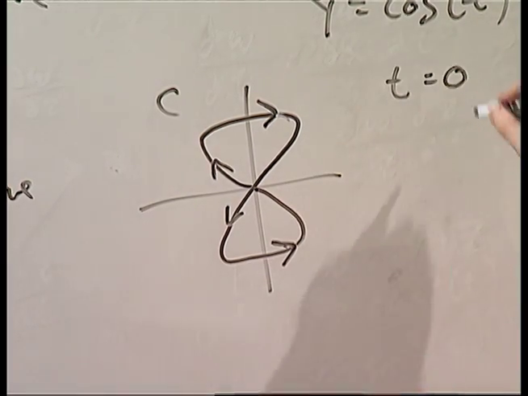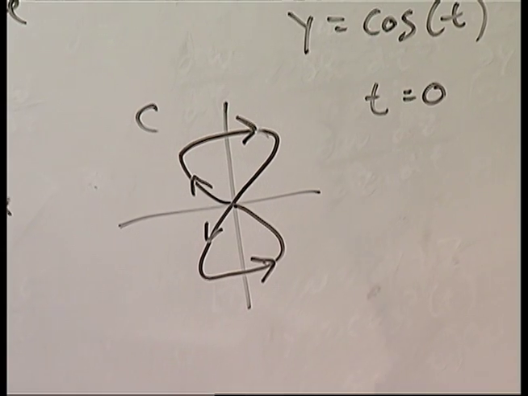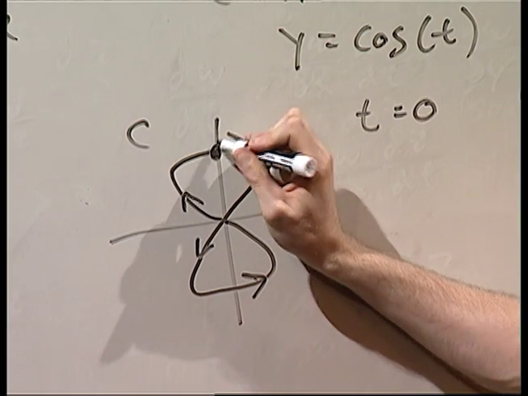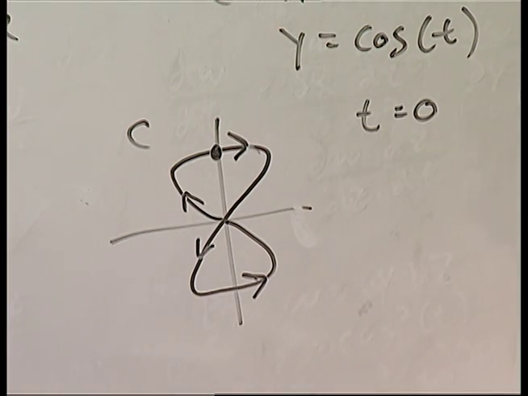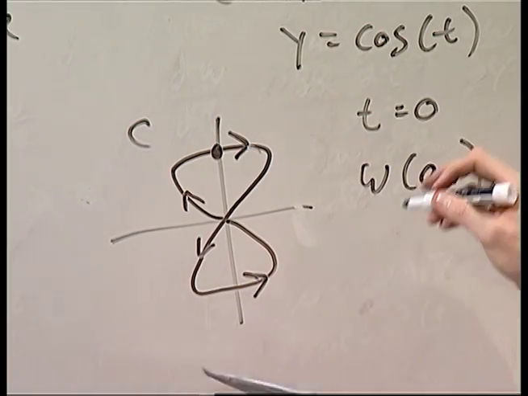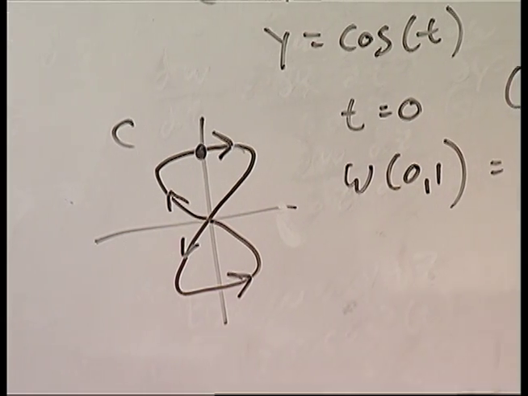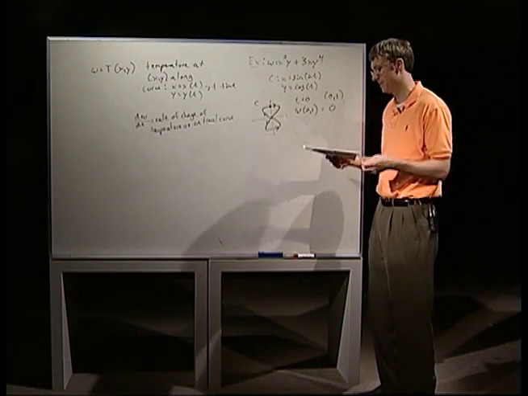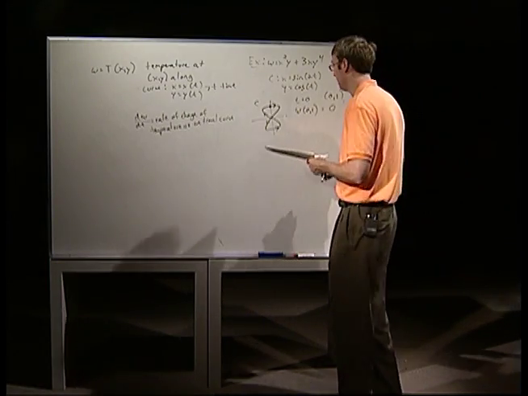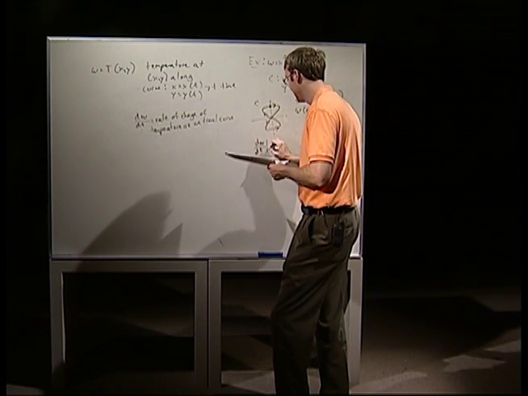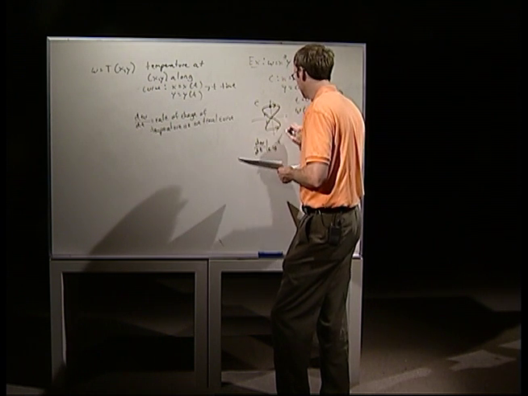At t equals 0, I plug in t equals 0. I get 0, 1. So I'm starting right there on the curve, right? And W at 0, 1 is 0. So the temperature there is 0. Maybe some base temperature, I don't know. But we can ask, what is dW/dt at t equals 0, right?